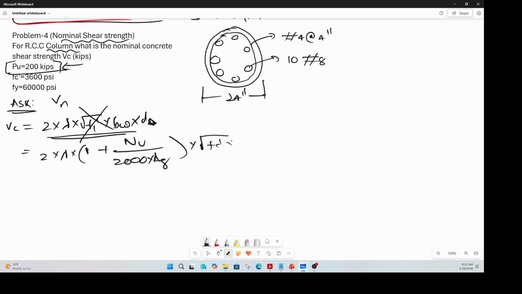Times root fc prime times bw and d. Okay, so for a column like this, which is circular, there is no bw, but the code says bw can be taken equal to the diameter, which is 24 inches, and d is 0.8 times your diameter, which is 0.8 times 24, 19.2 inches.